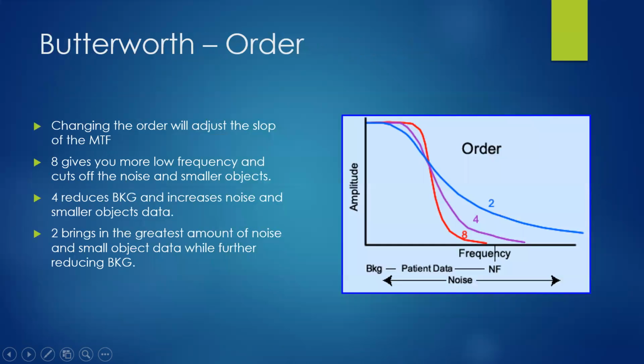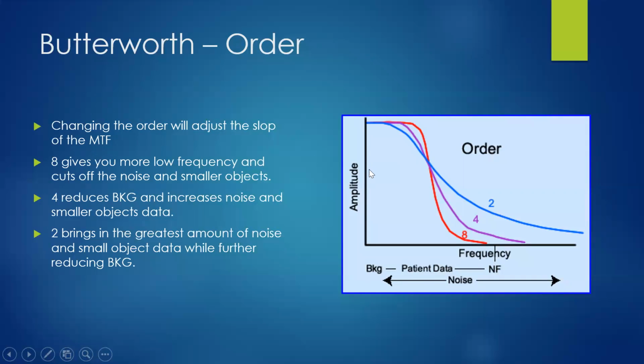Next thing, order. When we adjust the order of the Butterworth, we can adjust our ability to improve our image resolution after we've applied the appropriate order parameters. What you can appreciate from this is that an order of 2 greatly brings in smaller objects, whereas an order of 8 reduces those smaller objects, but greatly increases our ability to see larger objects.